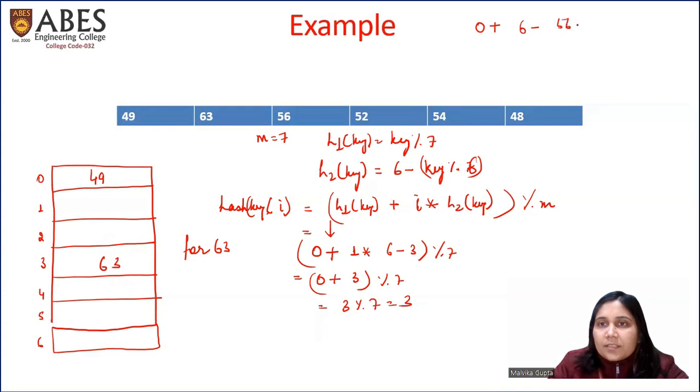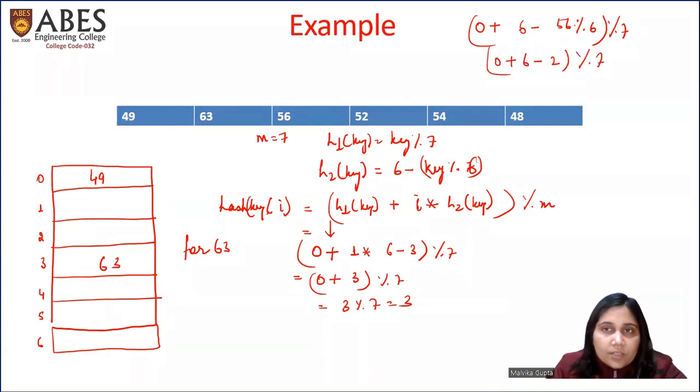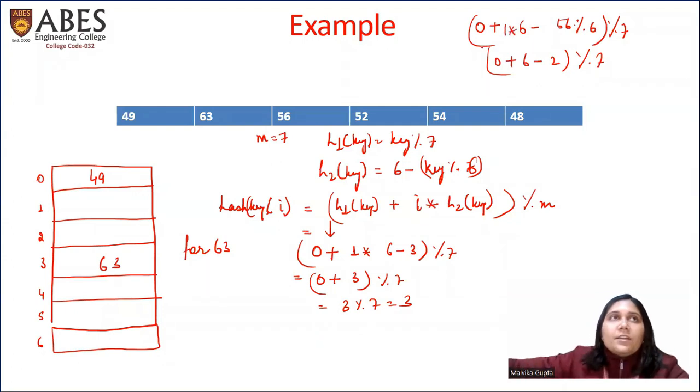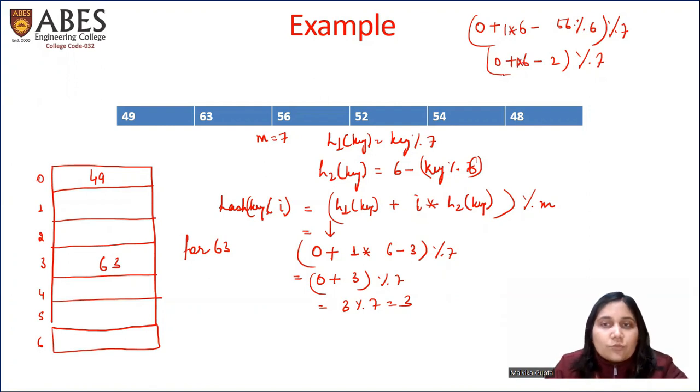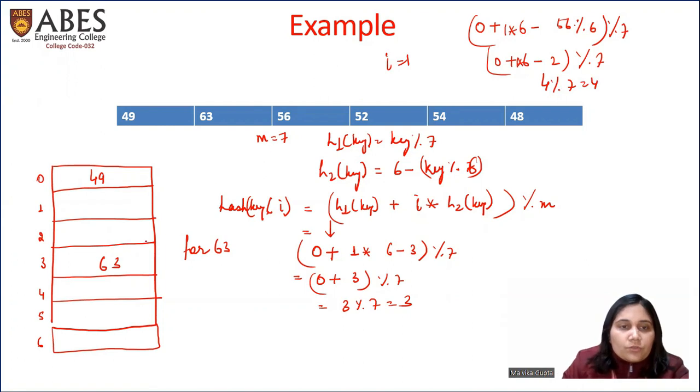So 6 minus (56 mod 6), and the entire thing mod 7. 0 plus 6 minus 2, that is 4, multiplied by 1, because the value of i is 1, since a collision has occurred only once. So 4 mod 7 will be 4. So your 56 will be stored at this particular position.